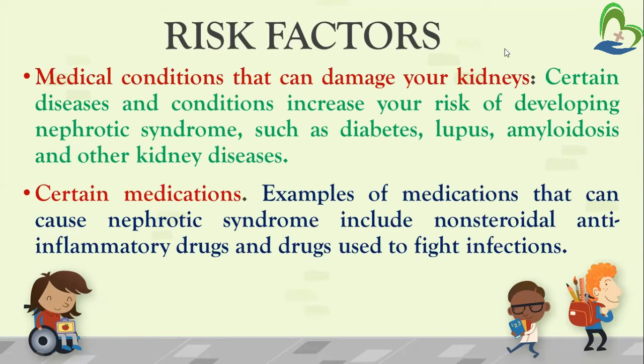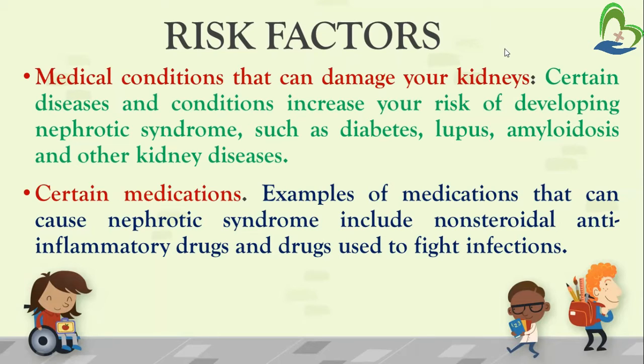Certain diseases and conditions increase your risk of developing nephrotic syndrome, such as diabetes, lupus, amyloidosis, and other kidney diseases. These are things that damage the kidney. Certain medications also damage the kidney. Examples of medications that can cause nephrotic syndrome include nonsteroidal anti-inflammatory drugs and drugs used to fight infections.